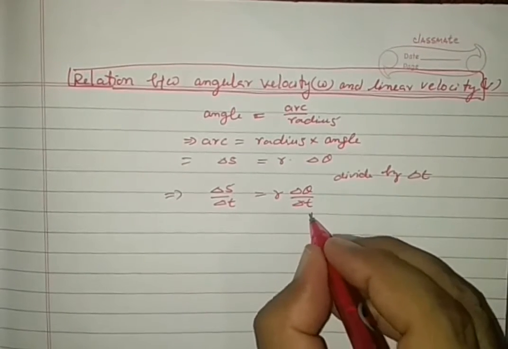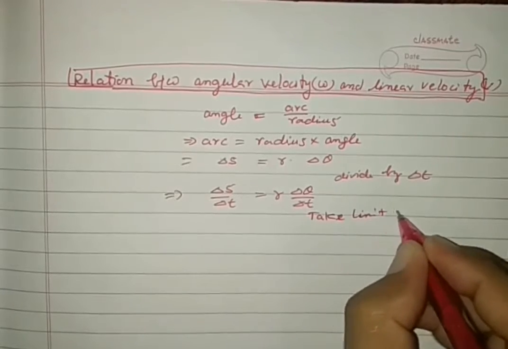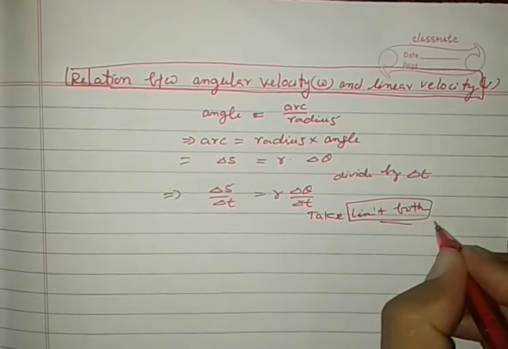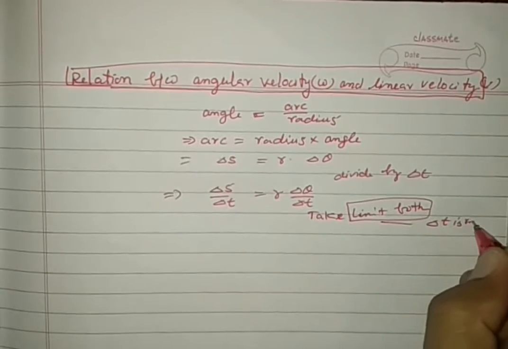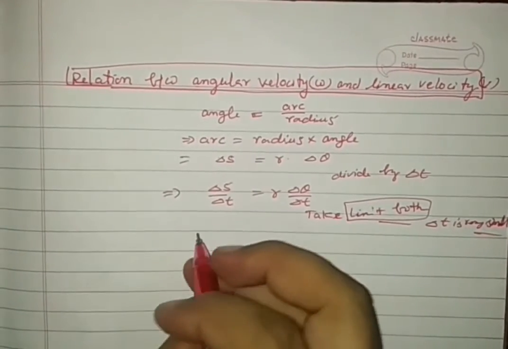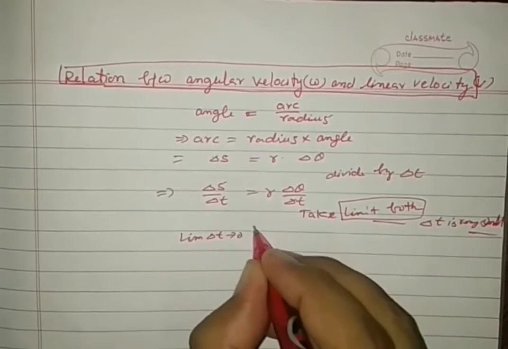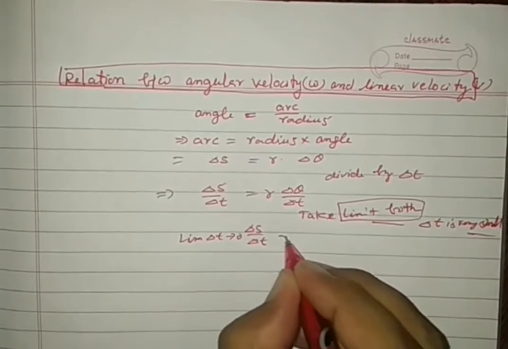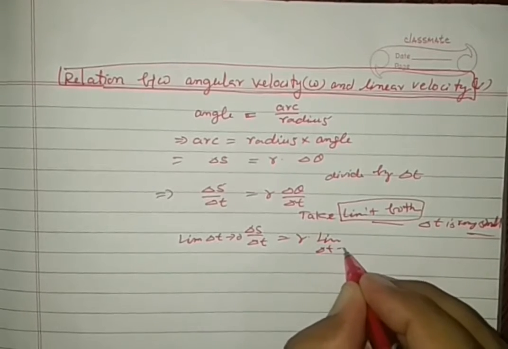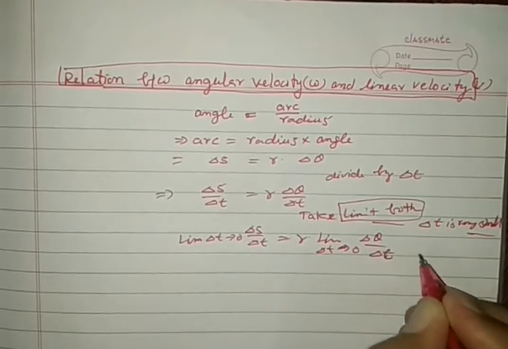Now we take the limit on both sides. Why are we taking the limit? In mathematics we know it is because delta t is very small. So taking the limit delta t tends to 0, delta s by delta t is equal to r times limit delta t tends to 0 of delta theta by delta t.